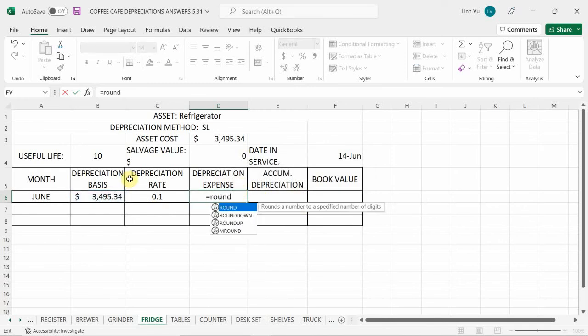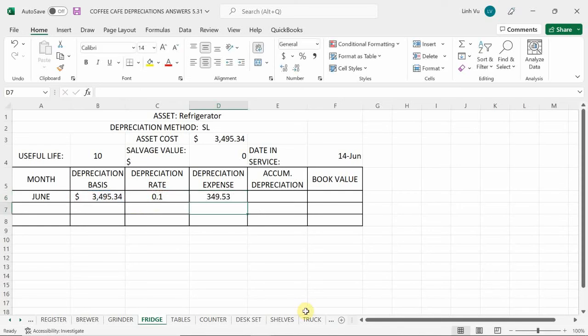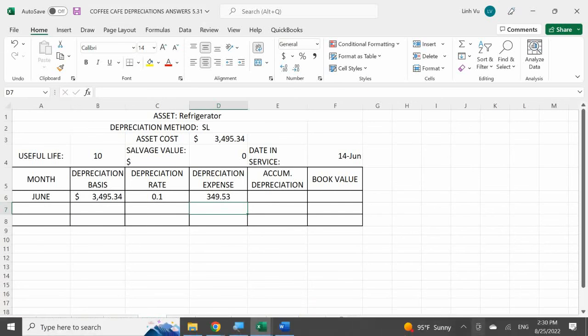Equal round, this times this, comma, 2. You said 349.53? Oh, yeah, 53. Okay. But that's for the whole year. For 1 month, we've got to divide that.